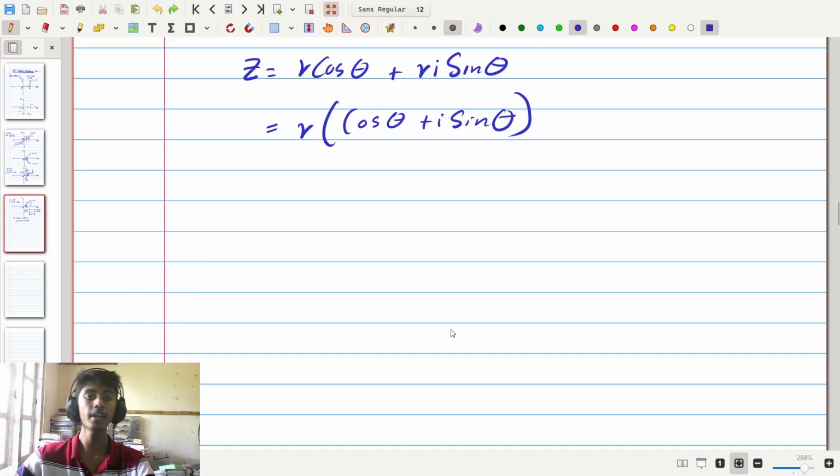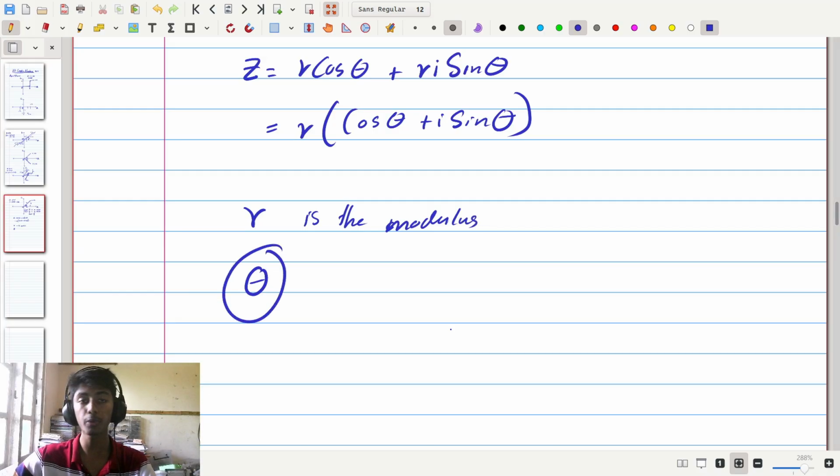Now in this, there are two variables that we need. One is the radius r and the other is the angle theta. The radius r is typically called the modulus, and theta is what we call the argument. Now, for these two, there are certain rules.